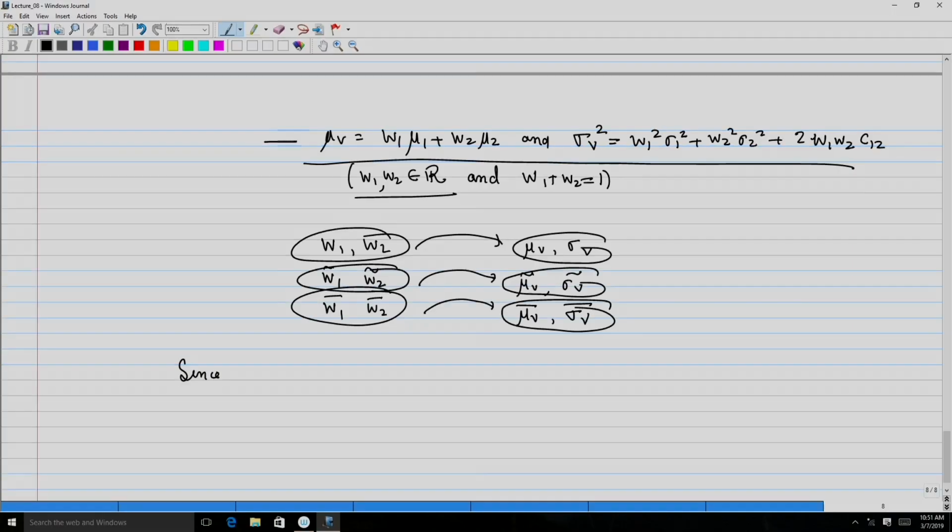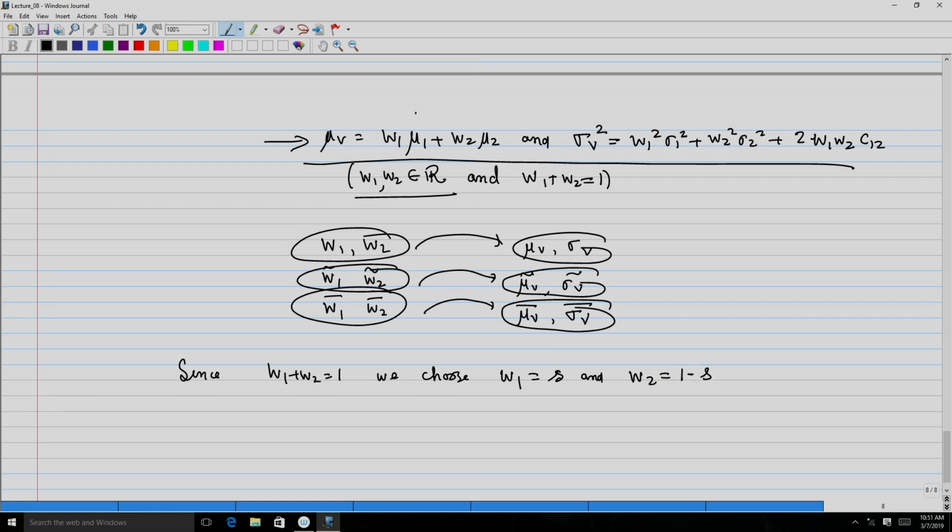Motivated by this, we now parameterize mu v and sigma v as follows: since w 1 plus w 2 is equal to 1, we choose w 1 equal to s and w 2 equal to 1 minus s.